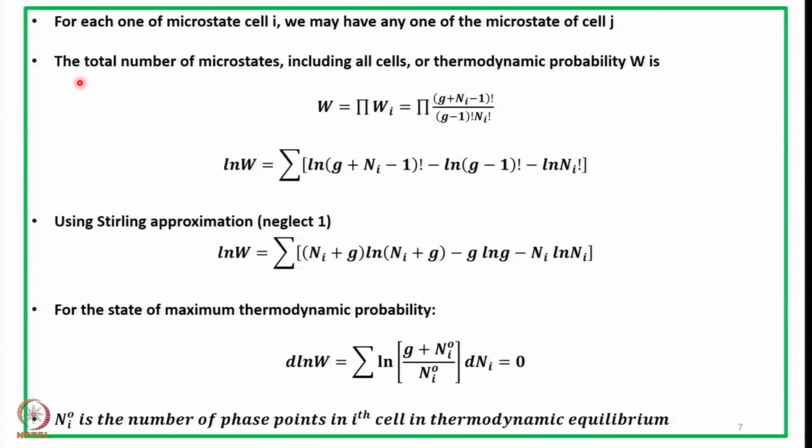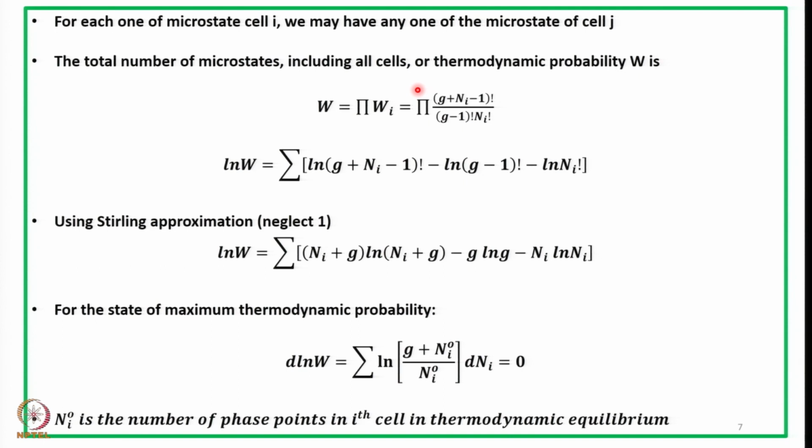So what we have now is, for each one of the microstates of cell I, we may have any one of the microstates of cell J. There are no restrictions, right? So how do we calculate the total number of microstates, including all cells, cell I, cell J? Then the thermodynamic probability is the multiplication of all these, the multiplication of the ratio of these factorials.